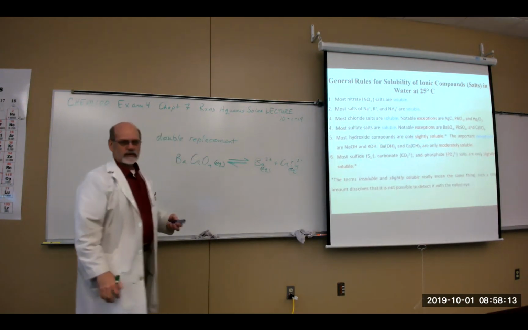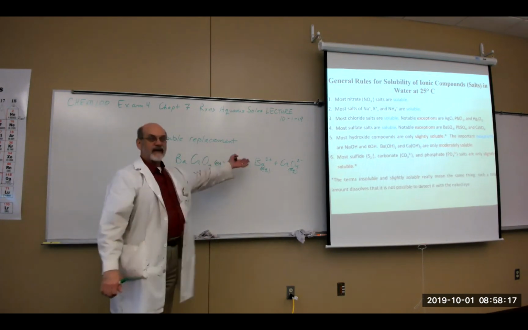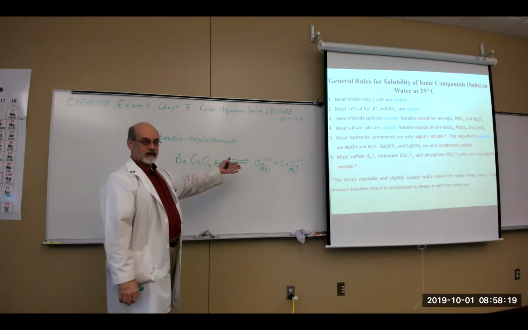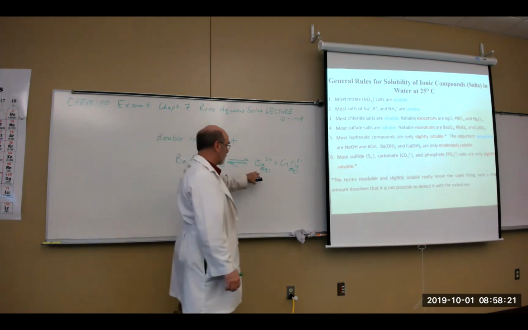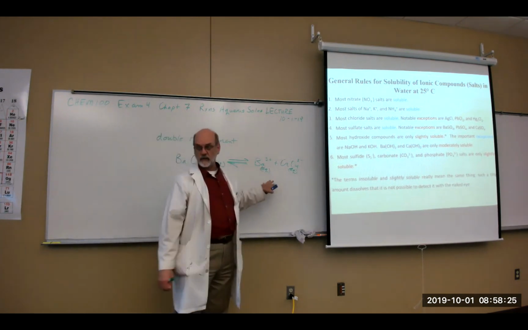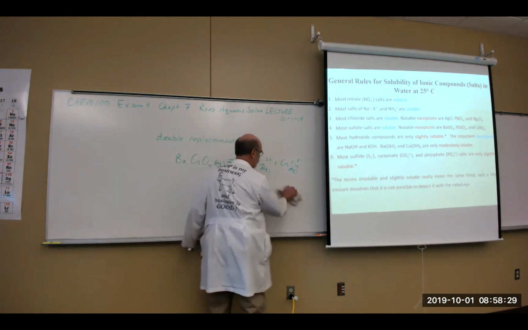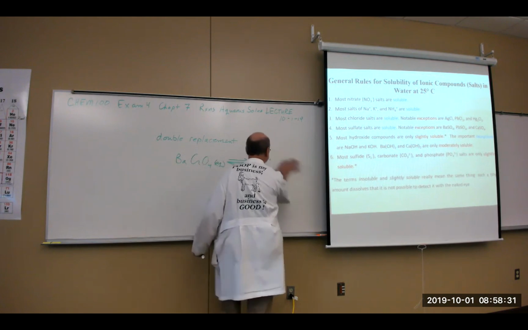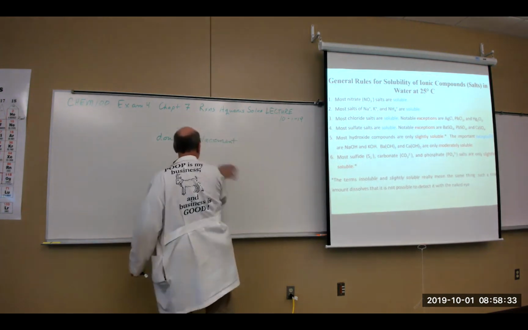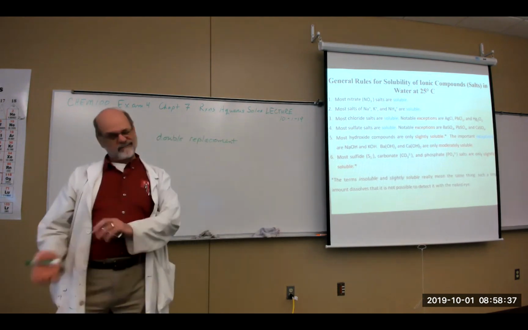And if you were taking my CHEM1 class, we would calculate that value. You'd be able to tell exactly how much is in solution with this compound because there are constant values that are associated with it. Okay. But we're not going to get into that in this class. I'm just making the point that there's soluble and then there's soluble.